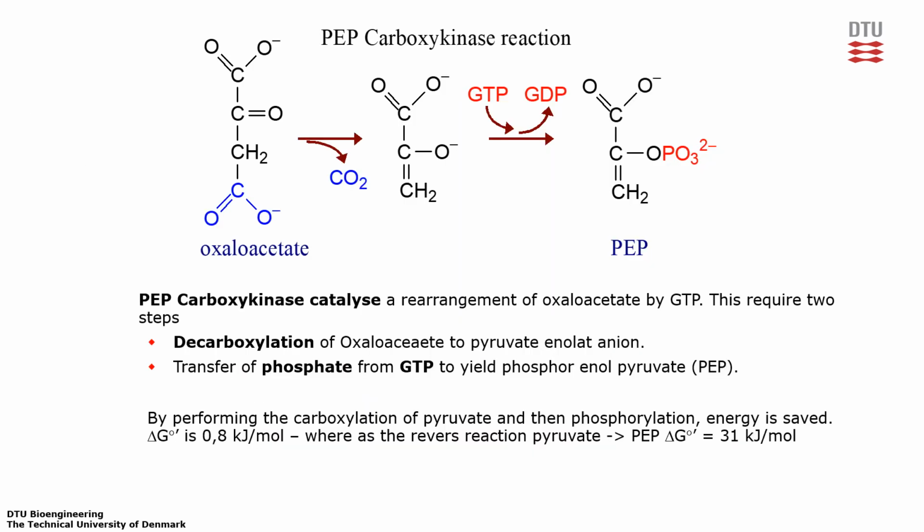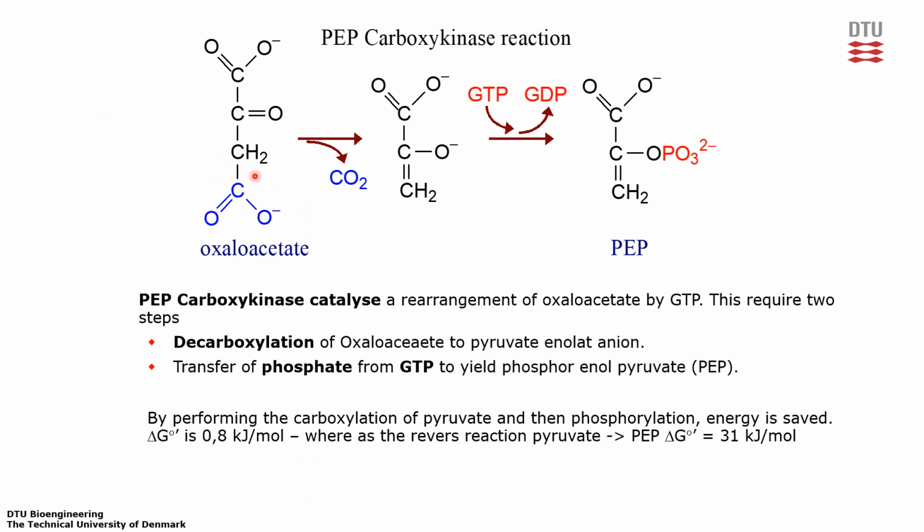So the PEP carboxykinase, or the phosphoenolpyruvate carboxykinase reaction, looks a bit like this. The first step of the reaction is that we get a cleavage of the CO2 group from the oxaloacetate.